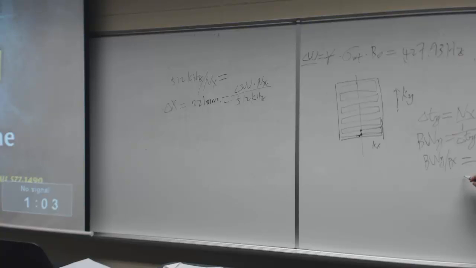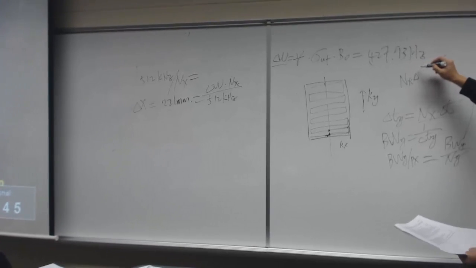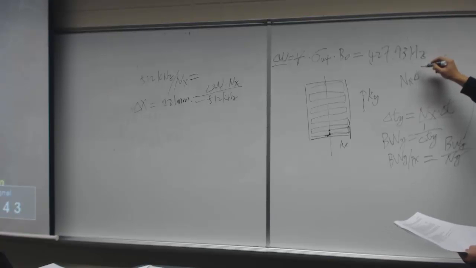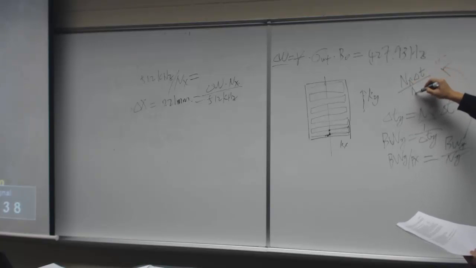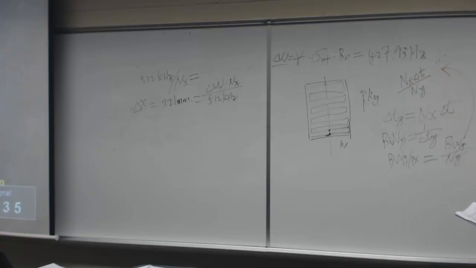So it's Nx delta t, and then divided by Ny.